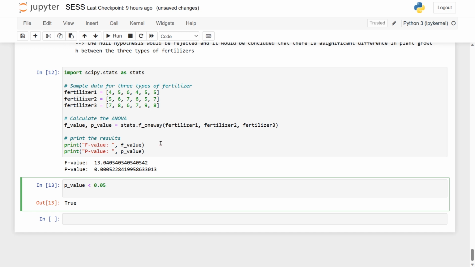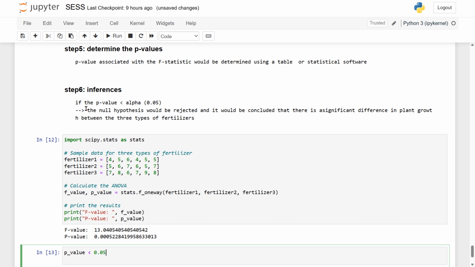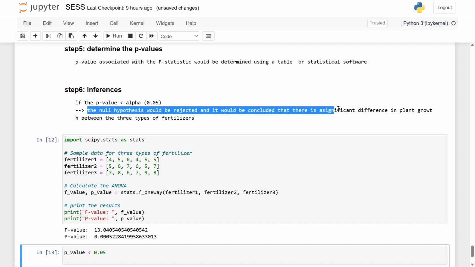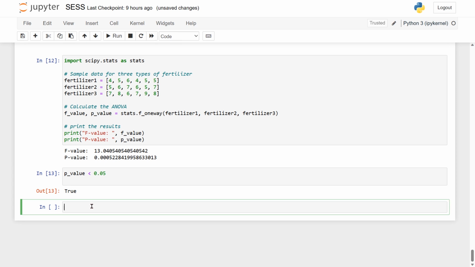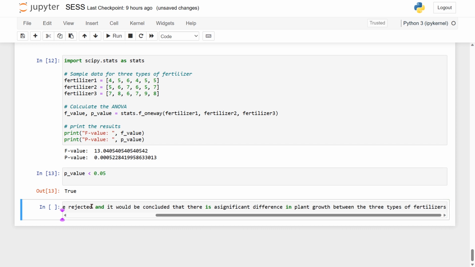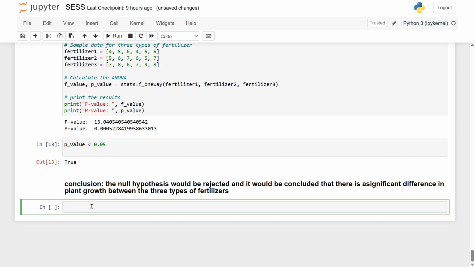Then what does it mean? It's pretty straightforward. The null hypothesis would be rejected, and it would be concluded that there is a significant difference in plant growth between the three types of fertilizers, and that's the conclusion of the above statistical analysis.